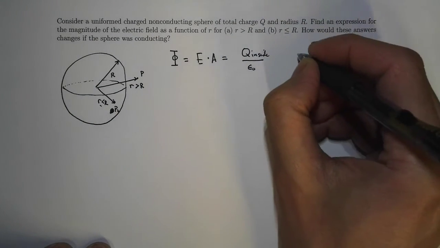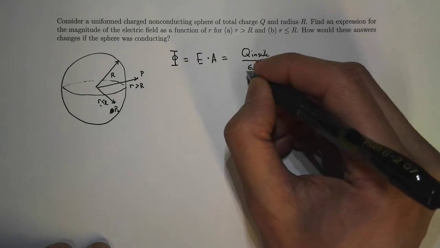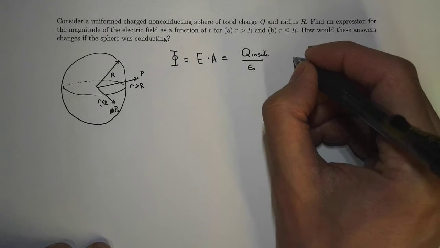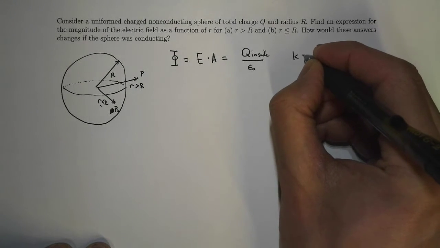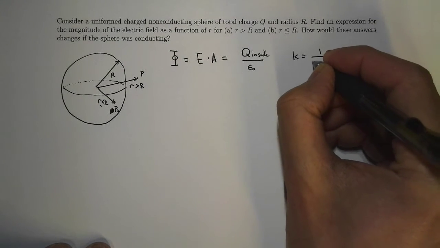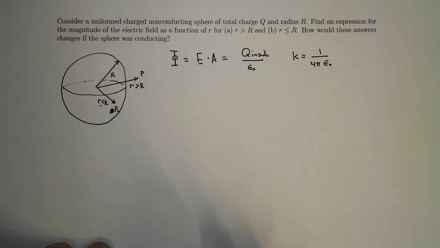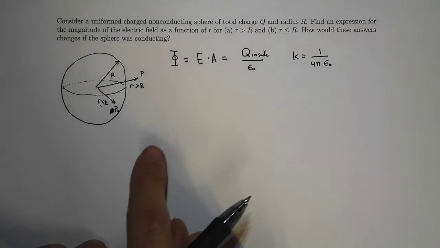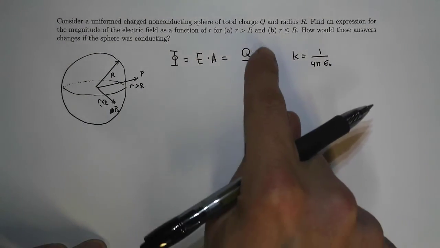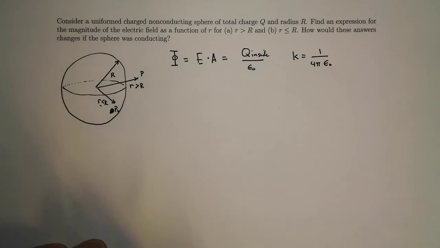And for those of you who recall, the relation between epsilon naught and Coulomb's constant is that k is equal to 1 over 4 pi epsilon naught. We're going to use this very simple equation to get at this problem.